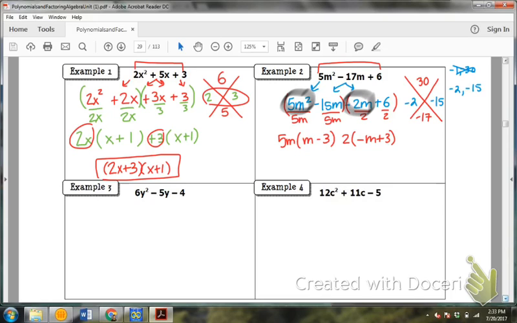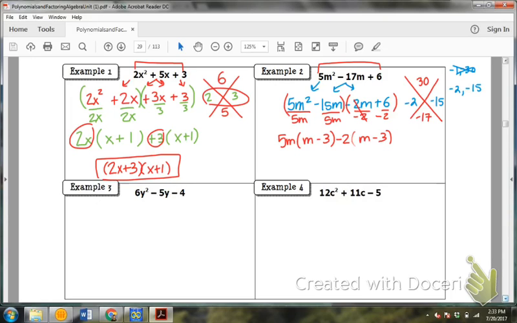So like the 5 was positive, so we pulled the positive 5. But our 2 is negative, so that means when I divide out, I need to divide out a negative 2. Which gives me a positive m, so I can erase that. A positive m minus 3. And now it looks the same, right?